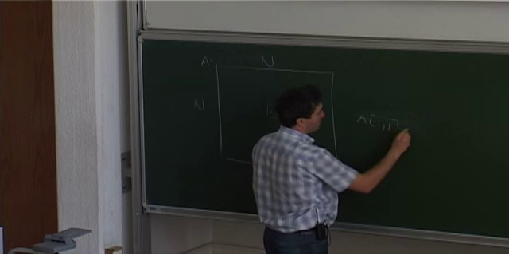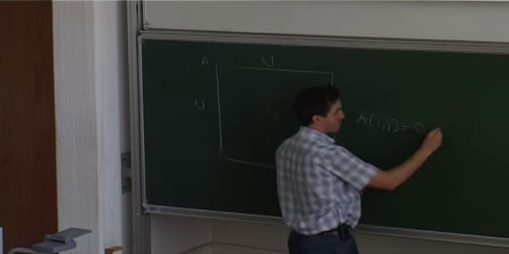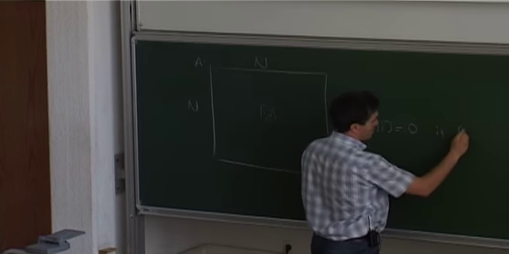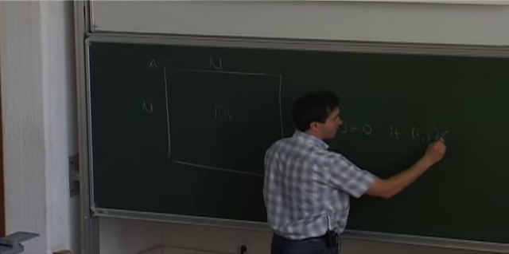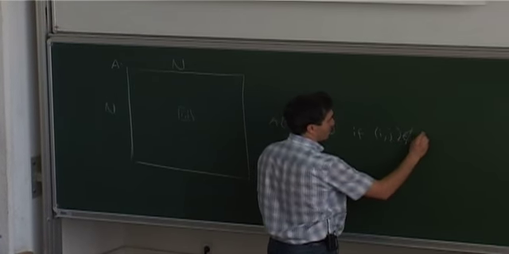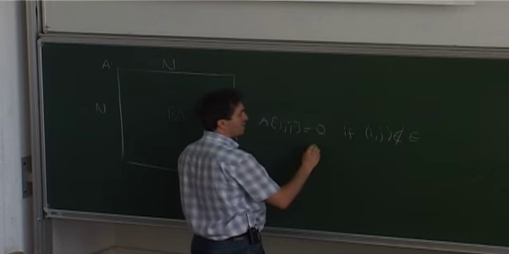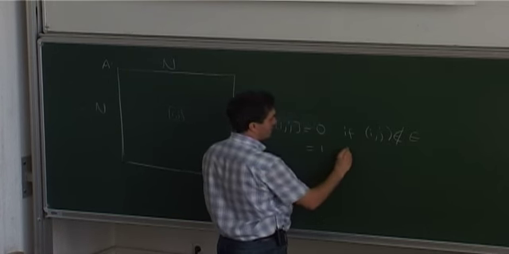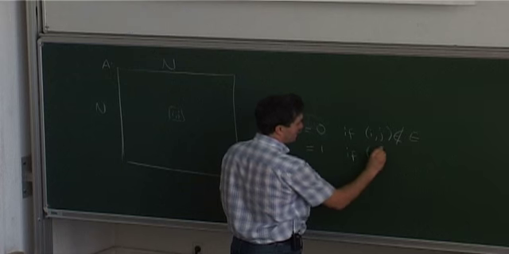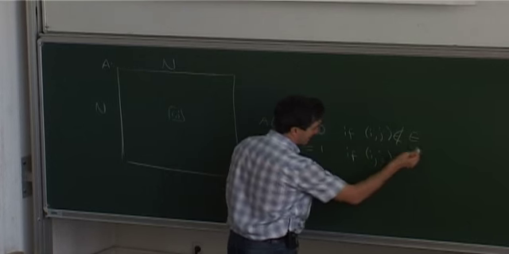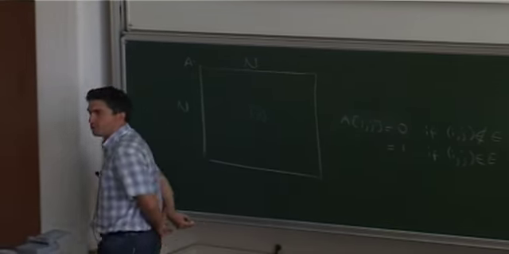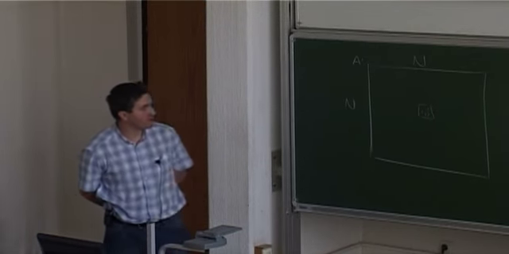A_ij is equal to 0 if ij is not an element of E. It's equal to 1 if ij is an element of this E. So you can have zeros or ones in this matrix.